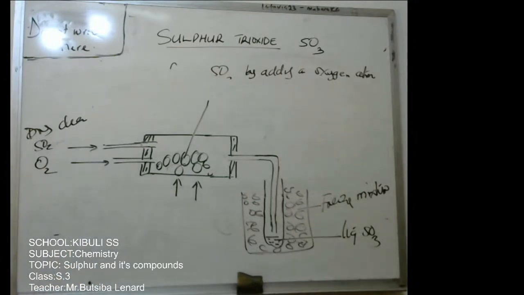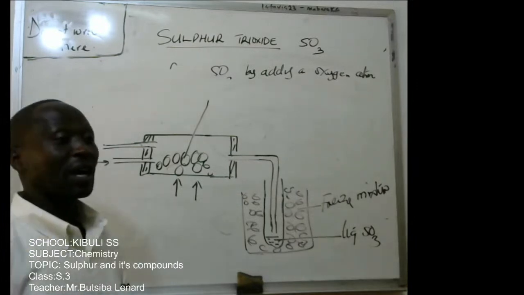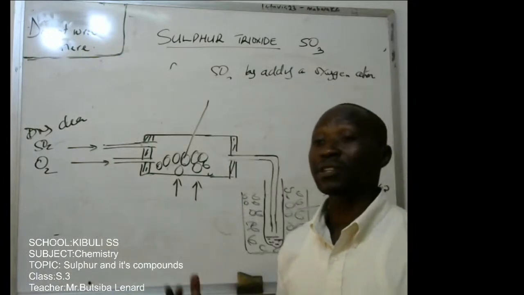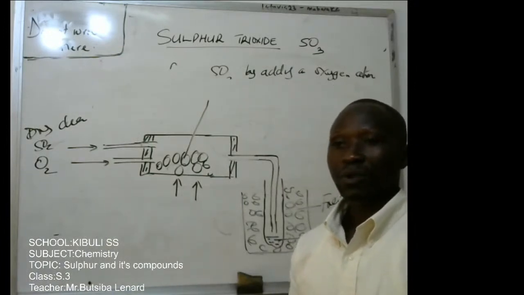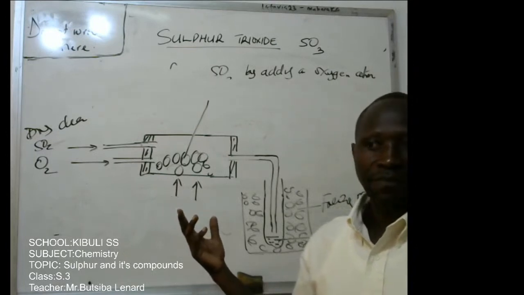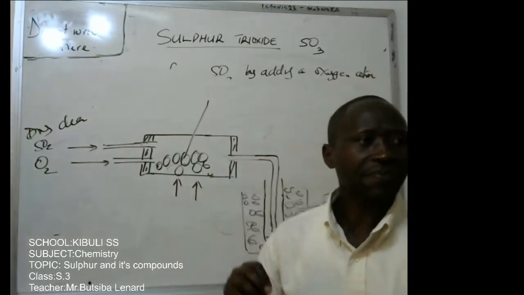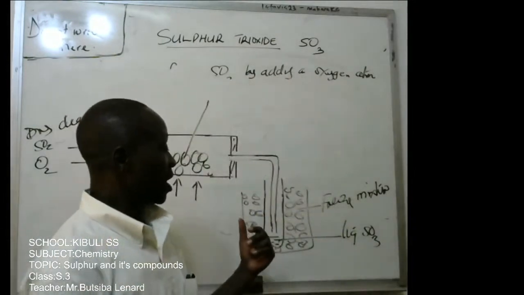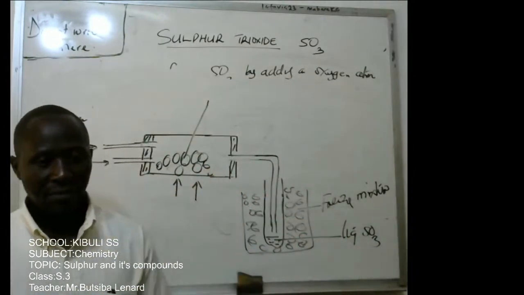I'm going to pass a mixture of pure, dry, clean oxygen and sulfur dioxide over heated vanadium(V) oxide at a temperature of 450 degrees Celsius and high pressure of 250 atmospheres to form sulfur trioxide. Being a gas, it can be converted into a liquid for storage using a freezing mixture.